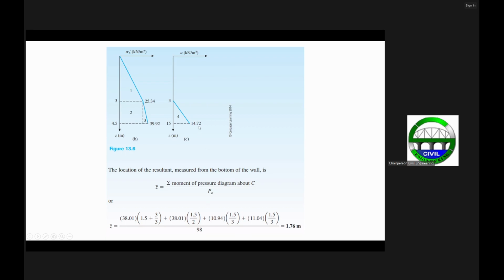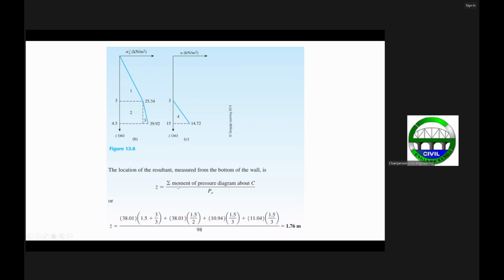And then finally, you have the resultant force for this triangle, which is 11.04 times its centroid with respect to point C, that is 1.5 over 3.